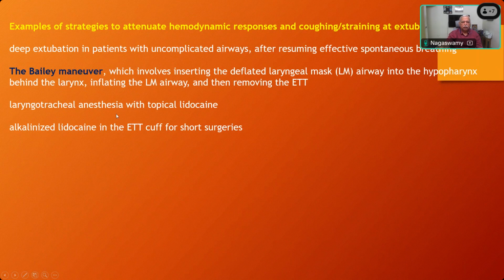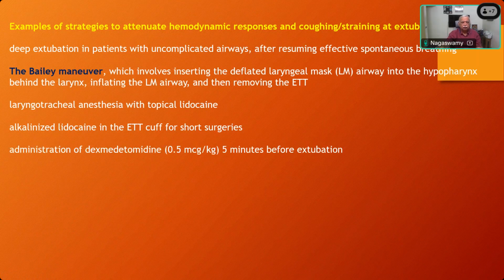Then laryngotracheal anesthesia with topical lignocaine spray, or you can use alkalinized lidocaine in the ET tube cuff itself for short surgeries. Instead of filling the cuff with air, you can use lignocaine, which will slowly seep out and anesthetize the area of contact so that the patient will not buck or cough during extubation.